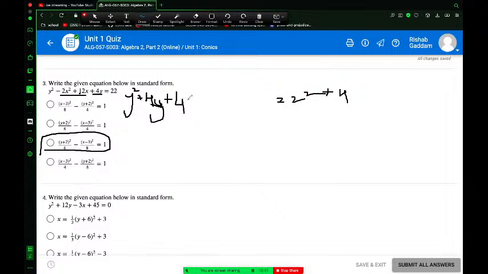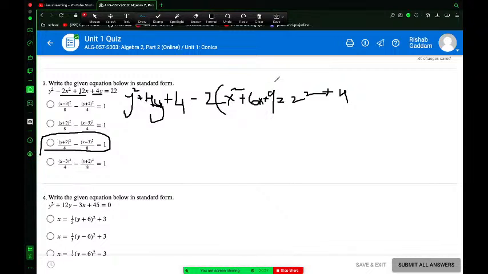Then we can solve this thing. So that basically becomes negative 2x. We can factor 2 from both of these, so it becomes x squared plus 6x, and we can do 6 divided by 2, that's 3. 3 times 3 is 9, and multiplying something by itself is squaring it.